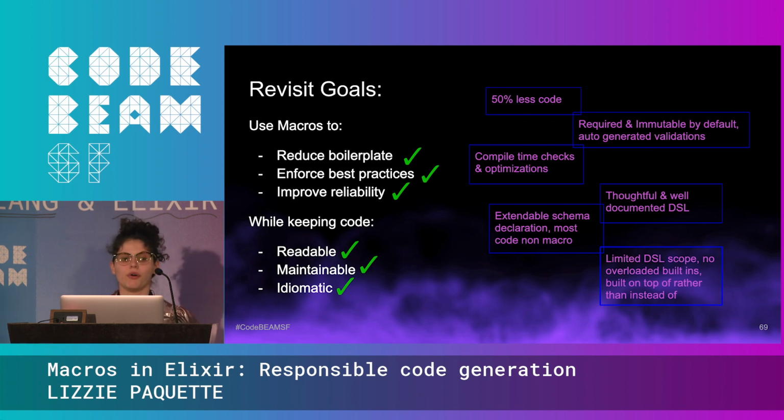We didn't overload def struct because that's always a little risky. You have to be very careful. Instead of saying, whatever, we'll build our own def struct, we built on top of it, so our code then calls def struct. We didn't reinvent the wheel, right? We used the tools that were already there.